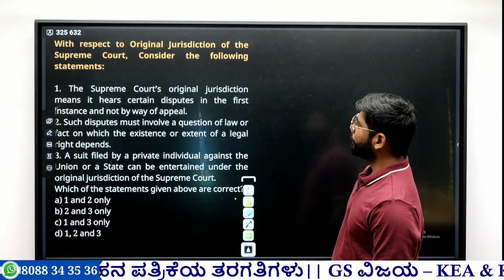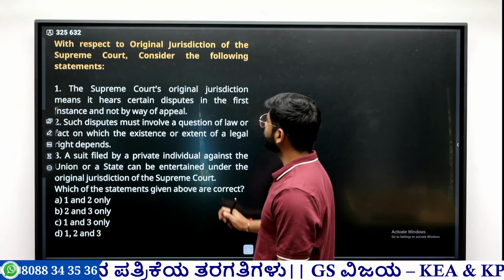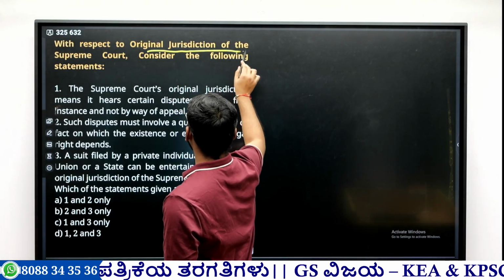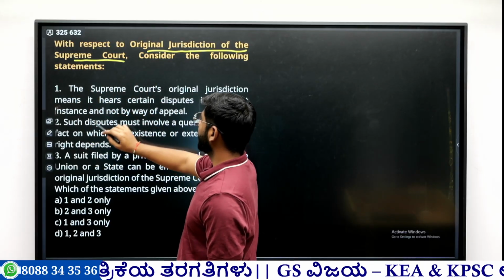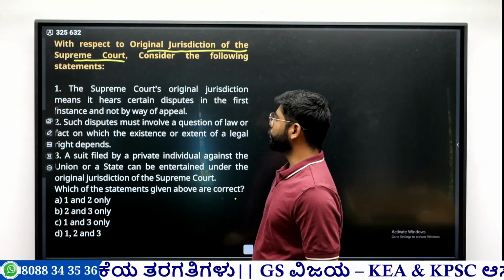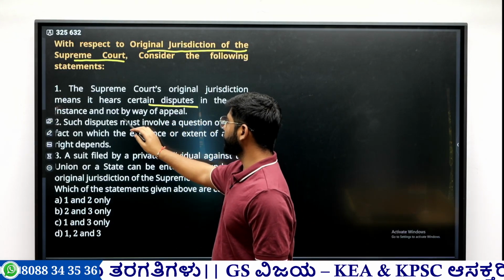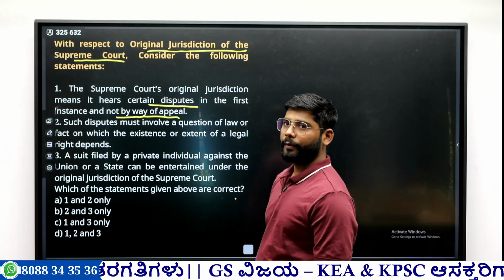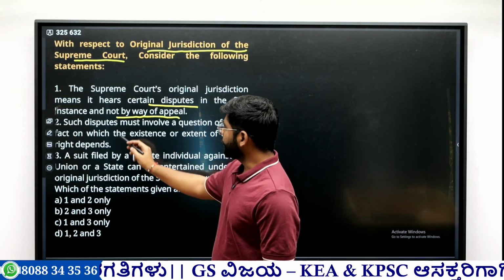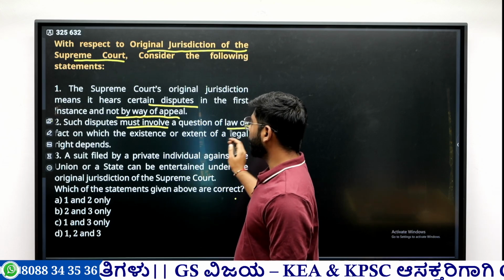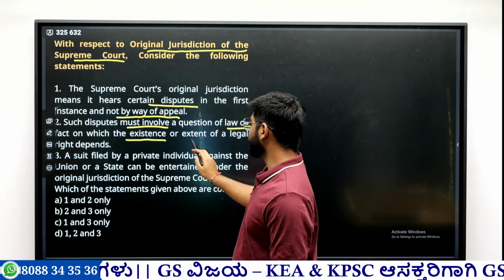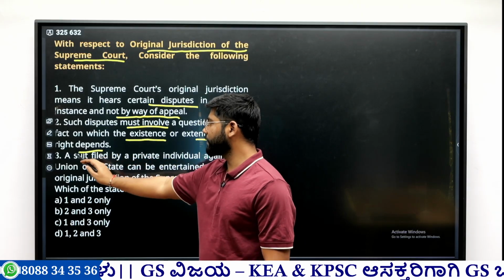Then this one, with respect to original jurisdiction of Supreme Court. Okay, the Supreme Court's original jurisdiction means it hears certain disputes in the first instance, not by way of appeal. Then such a dispute must involve a question of law or fact on which the existence or extent of a legal right depends.